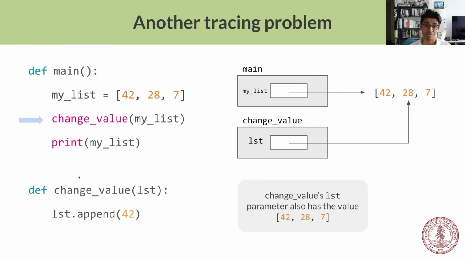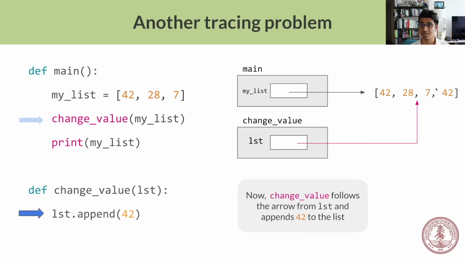And now what's next happening is that we need to append 42 to lst over here. So how does that work? Well, in general, when we call .append, what we're doing is following this arrow to the list over here, and we're going to append a number over there. So what that means in this particular case is that we follow this arrow and we change this list to have a 42 inside it.